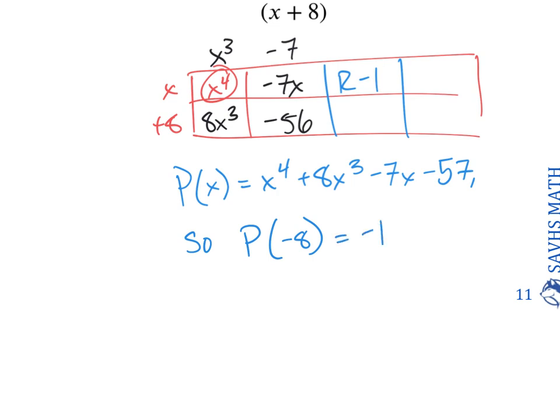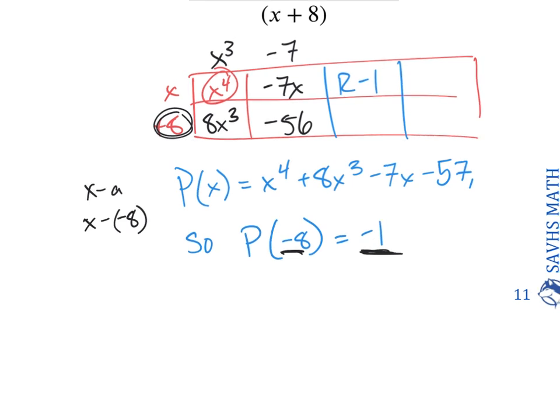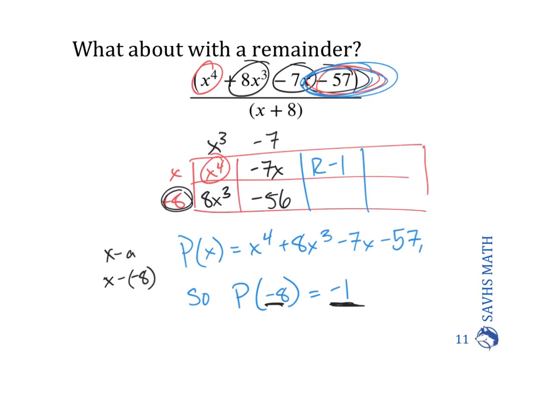So if you put in this value, remember this is x minus a, and since it says plus 8, it's x minus negative 8. P of negative 8 is the remainder, okay? So not a super useful piece of information, but I am going to be expecting you to be able to get a remainder out when you do a polynomial division. You don't necessarily have to be able to interpret the answer, but I need you to be able to get to the point where you know what the remainder is.